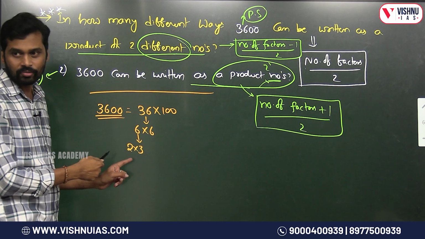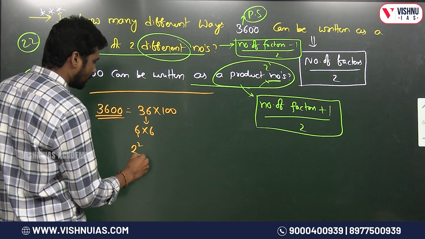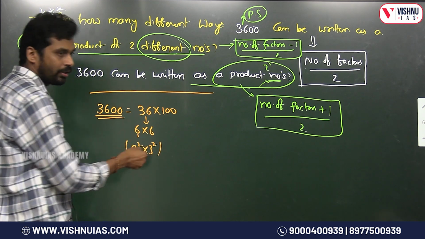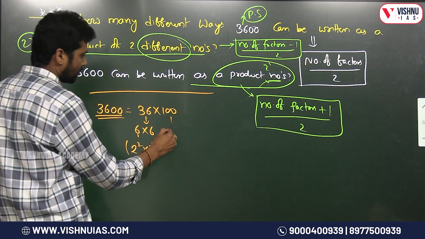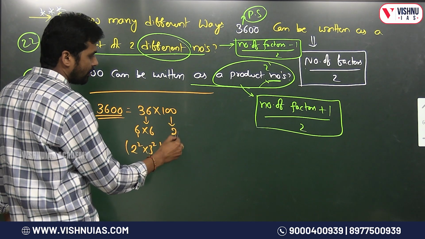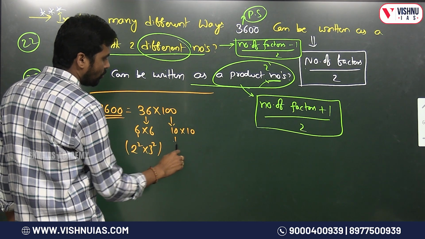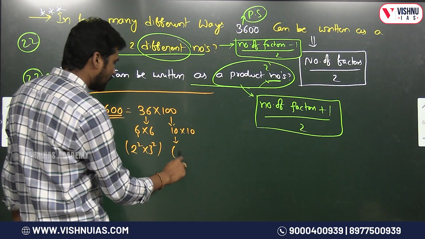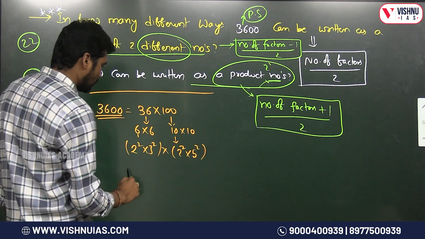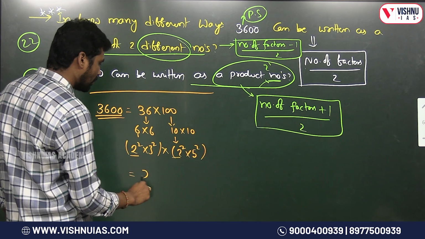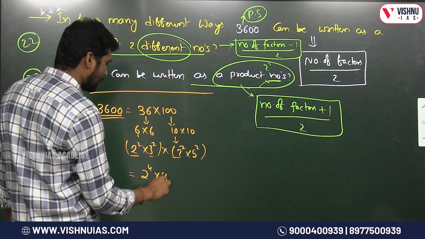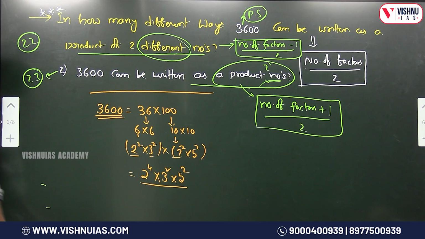Can I write it directly as 2 square into 3 square? Because it is 2 into 2, 2 into 3, 2 into 3. 100 can be 25 into 4, your choice, or 10 into 10, which is 2 into 5, 2 into 5, so 2 square into 5 square. So the final value: 2 square times 2 square is 2 power 4. So 2 power 4 into 3 square into 5 square.